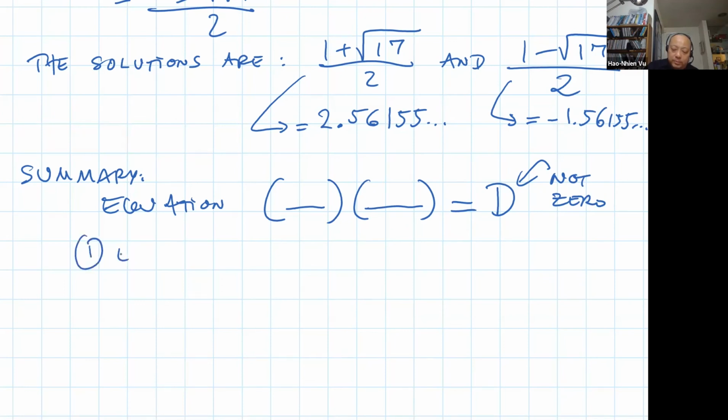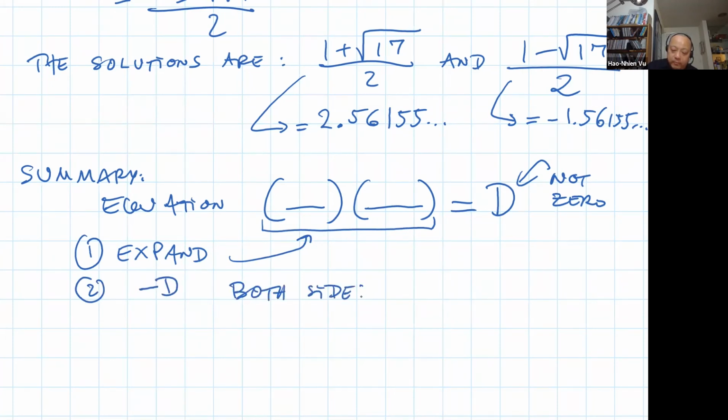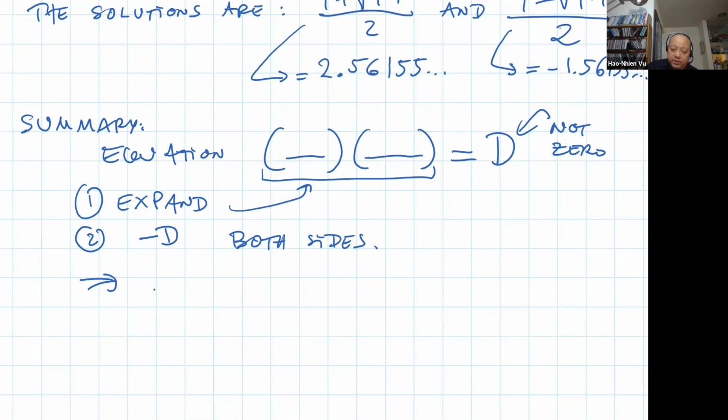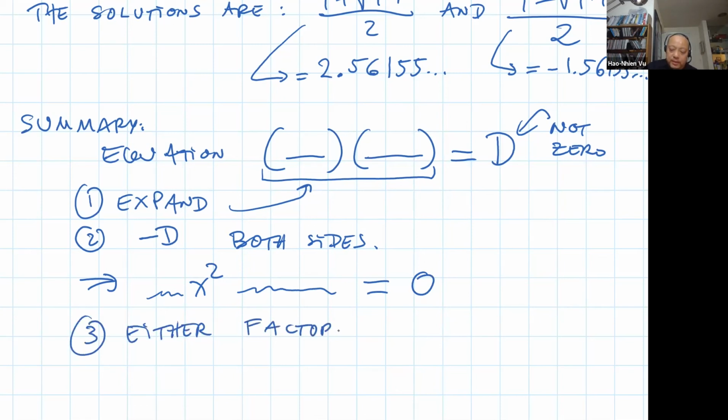Then what you do is expand this part out, subtract g from both sides. Then what you end up with is something x squared, etc., equal to 0. And so step 3 is either factor. By this time, if you factor, the right-hand side is 0, so you can use the zero product property. But if factoring is not possible, then use the quadratic formula.